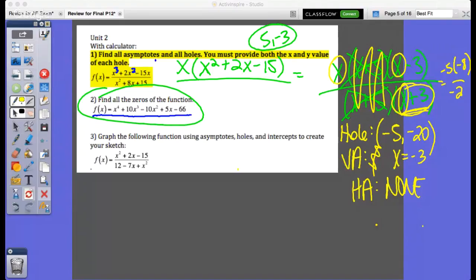If it's greater on the top than the bottom, then we say there's no horizontal asymptote. But if it's greater on the bottom than the top, the horizontal is at 0. So if the bottom is bigger than the top, it's 0. If the top is bigger than the bottom, none. And if it's the same, we divide.